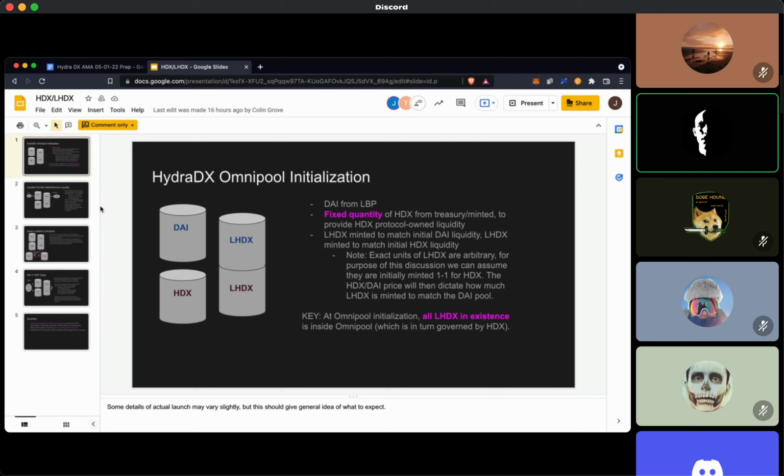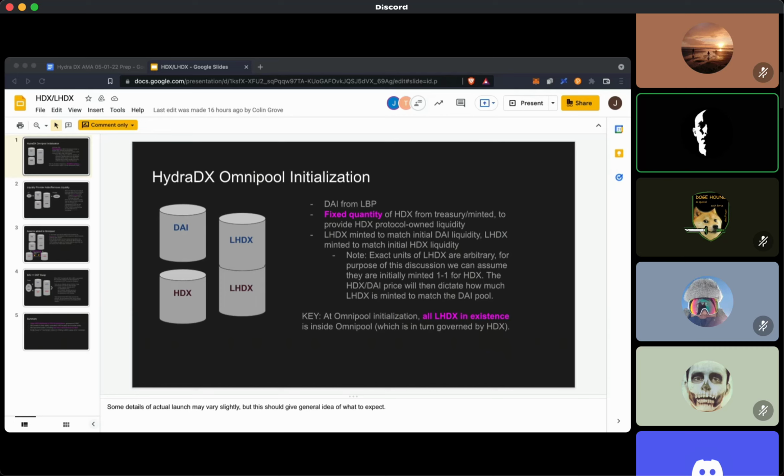It's going to have some amount of HDX coming from a liquidity mining allotment, to allow for some HDX liquidity. And then LHDX is going to be minted to correspond to the DAI and the HDX. So now there's basically 2 regular assets in the Omnipool at the start, DAI and HDX. And LHDX is minted to match those because LHDX is going to be the central token.